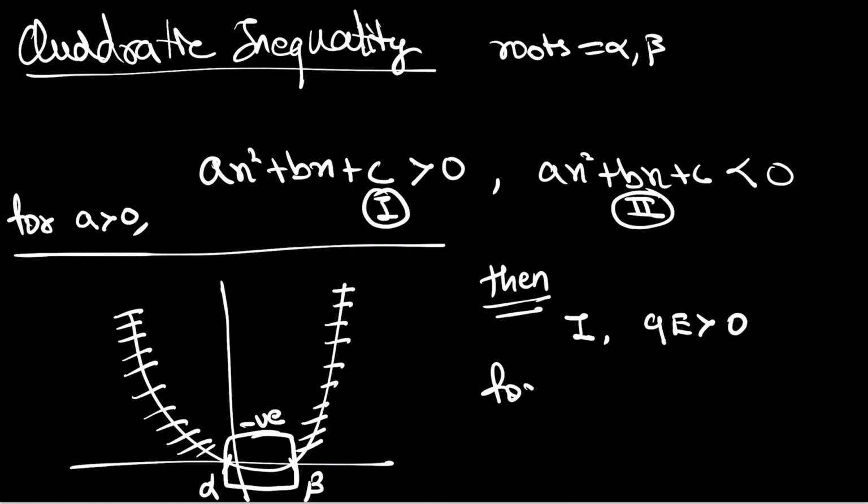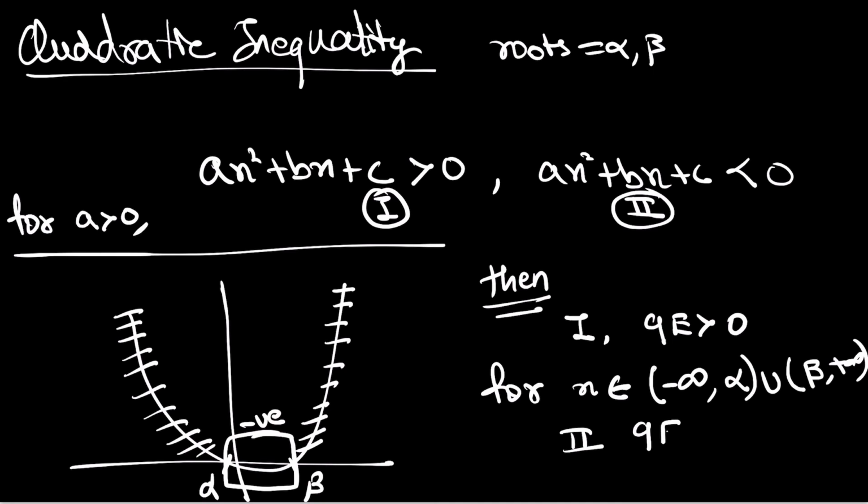Hence, for case 1, x will belong to minus infinity to alpha union beta to positive infinity. For case 2, the quadratic is negative, and for this x will belong to alpha and beta, because between these two the graph dips beyond the x-axis.